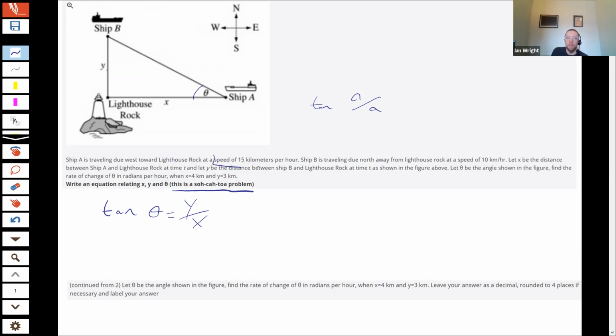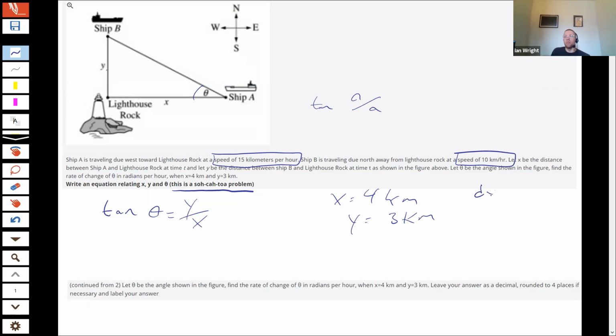So speed of 15 kilometers per hour, speed of 10 kilometers per hour, and then x and y, it tells us the distance between the ships. We already kind of got that from the picture. And then it says that x equals 4 kilometers, y equals 3 kilometers.